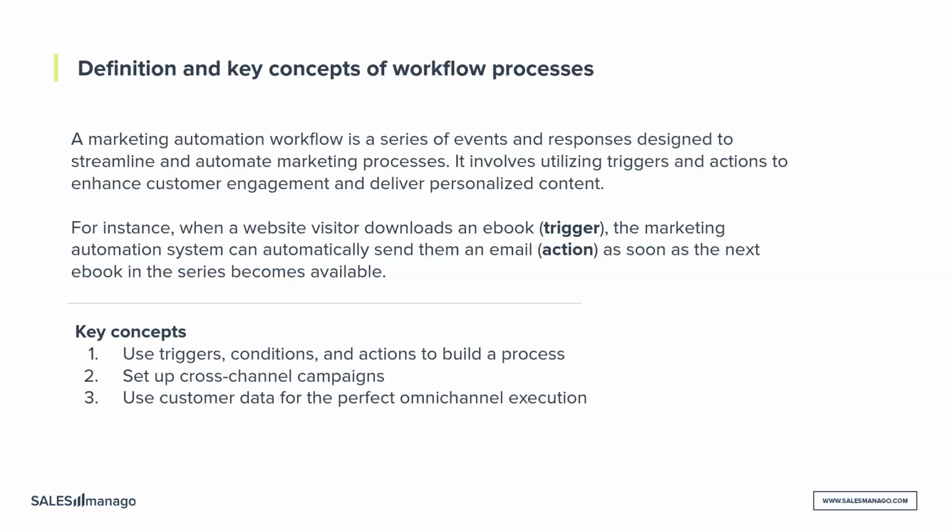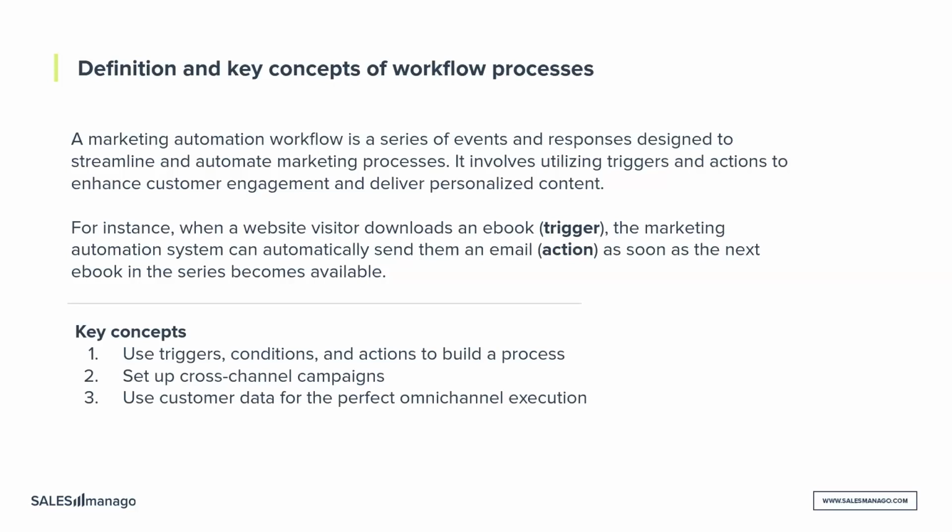Key concepts: use triggers, conditions, actions to build processes. Use blocks to build the whole process. Set up cross-channel campaigns, which means you don't need to focus on a linear process of routing a person through one channel.